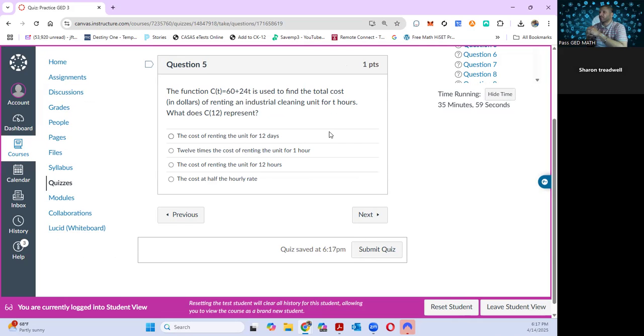C of t equals 60 plus 24t. It means C of 12 represents the cost of renting a unit for 12 hours, 12 times the cost of renting for an hour.